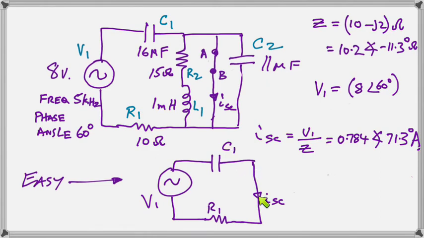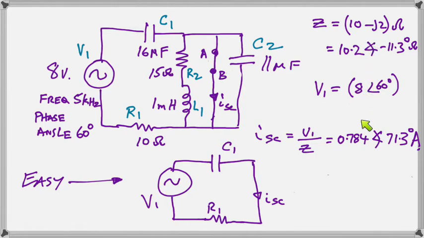The short circuit current, it's just a simple series circuit with C1 and R1, and the other difficult hard components have disappeared. So once again, we have a complex impedance which has 10 as the resistor value for R1. And we have our minus j2 as the reactance of the C1.